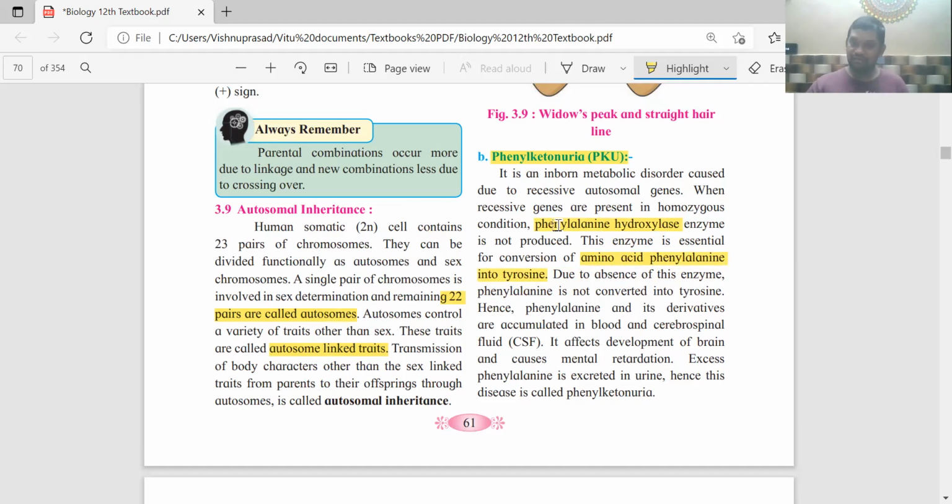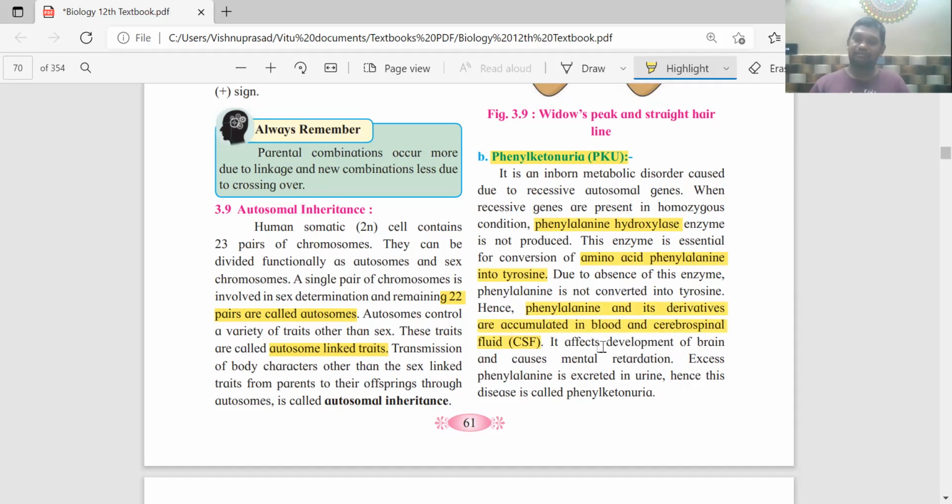When this condition occurs in an individual due to homozygous recessive genes, this conversion does not take place. There is accumulation of phenylalanine in the blood. Phenylalanine and its derivative compounds accumulate in the blood as well as in something called the spinal fluid, CSF.